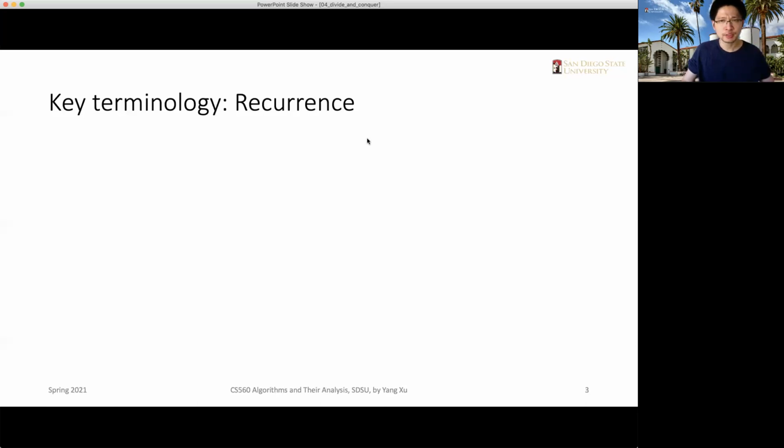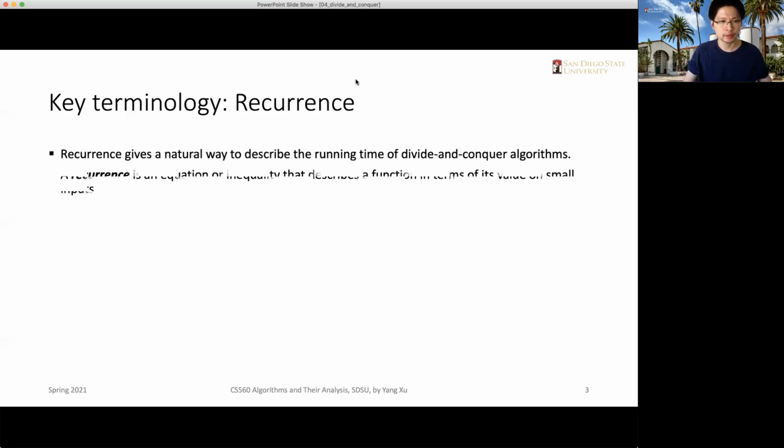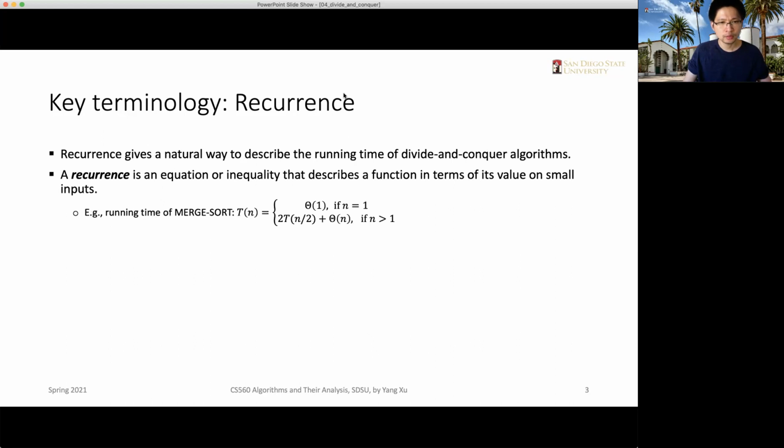Before we get started with the maximum subarray problem, let's warm up a little bit with the recurrence. So we know this term from merge sort. It basically refers to the way that we describe the running time of divide and conquer algorithms.